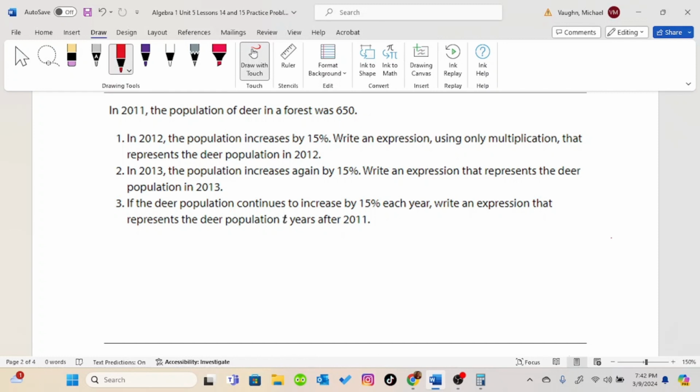We know we start with 650 deer, and we would multiply that by 1.15. This gives us the original 650 with the 1 and the additional 15% with the 0.15.